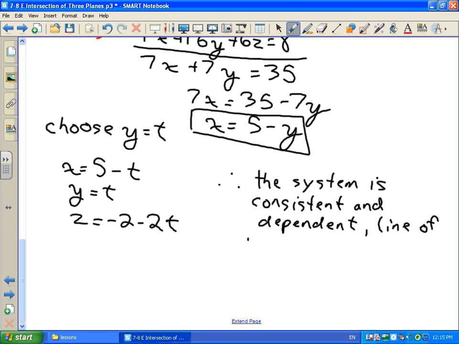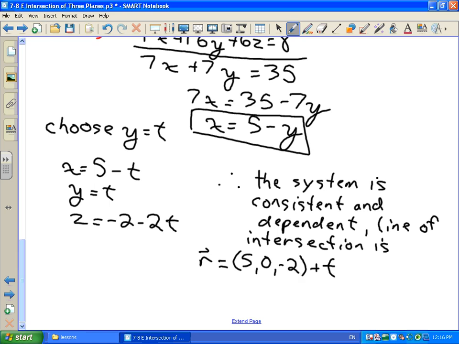The line of intersection is, and let's just put this into vector form, 5, 0, -2 plus t times -1, 1, -2. And there we are.